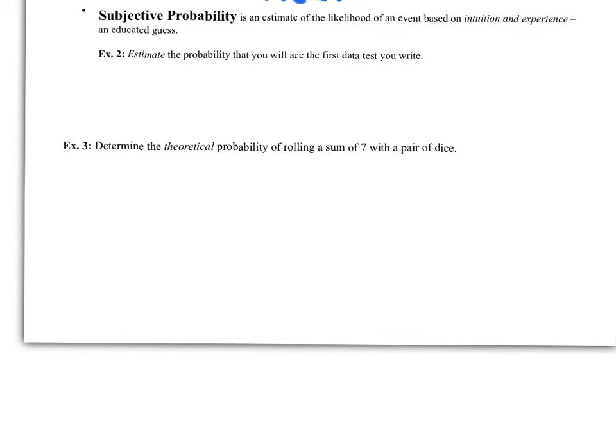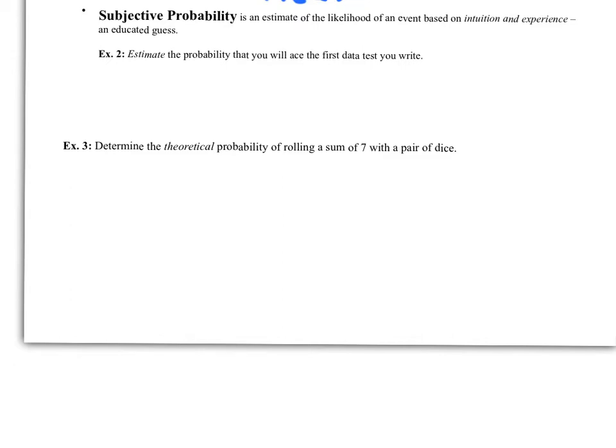So this falls into the category of a subjective probability, which is like a guess from experience of what you think the probability will be. Oh, so in the past, my mom generally likes the dresses that I buy her, so I'm just going to say 80%. Fair enough.